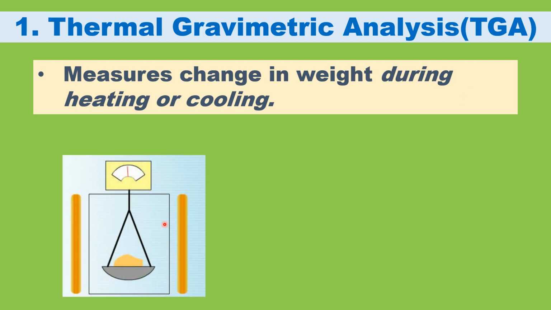This is the experimental setup for TGA. This is a balance. We have placed a sample here, and this is the furnace where the sample is heated. The temperature is linearly increased.